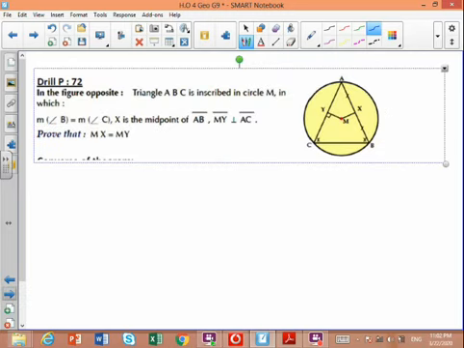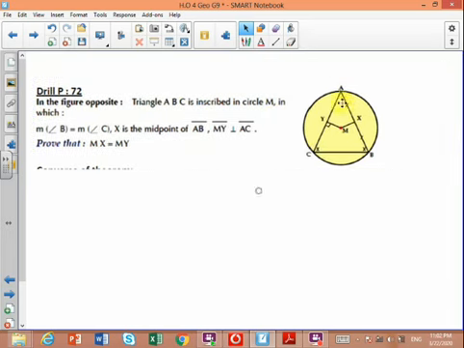Another drill here. In the opposite figure, triangle ABC is inscribed in circle M. Inscribed, we took it before, means it is inside and the three vertices touch the circle, so the triangle is inscribed. Okay, and the measure of angle B equals the measure of angle C. X is the midpoint of AB, and MY is perpendicular to AC.